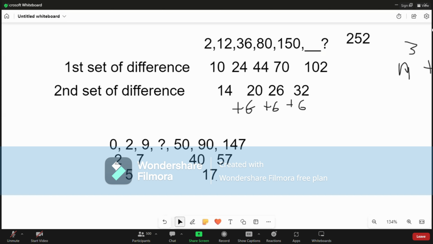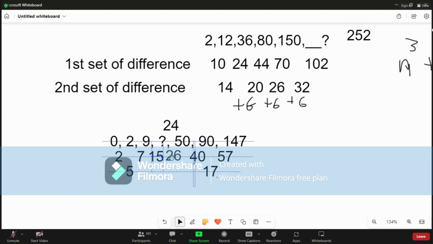Let's start trying with 24 at first. The difference between these two terms is 15, and then the difference between these two terms is 26. 24 and 50 is 26.